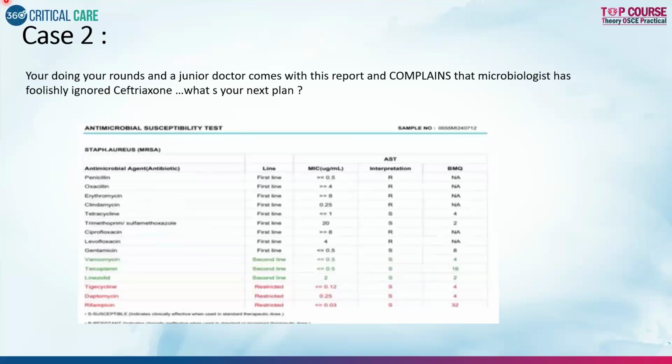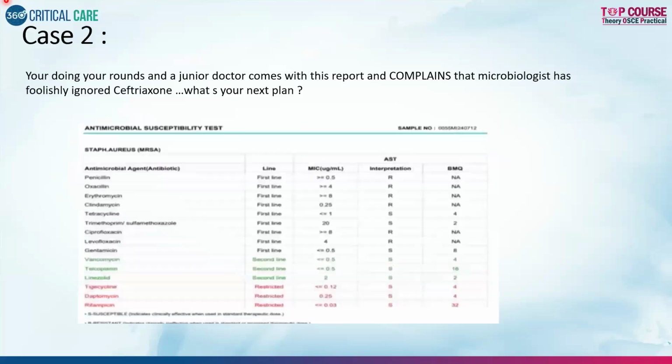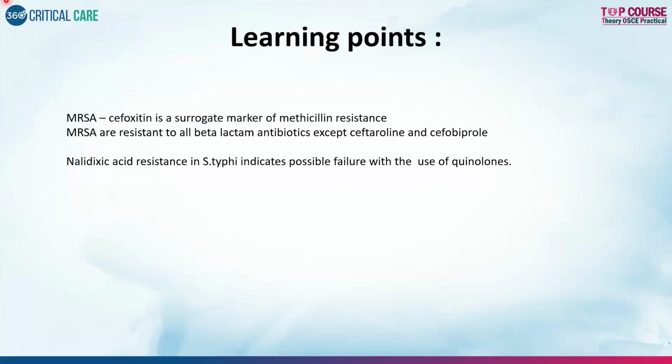So what I want you to understand is cefoxitin, if it is showing as resistance, it is a surrogate marker for methicillin resistance. Even though methicillin is not given, oxacillin will give you an idea whether this is a probable MRSA. So remember, this is what you need to understand about surrogate marker for methicillin resistance and the reporting with respect to MRSA.